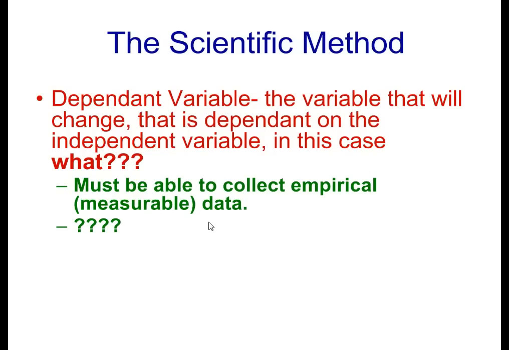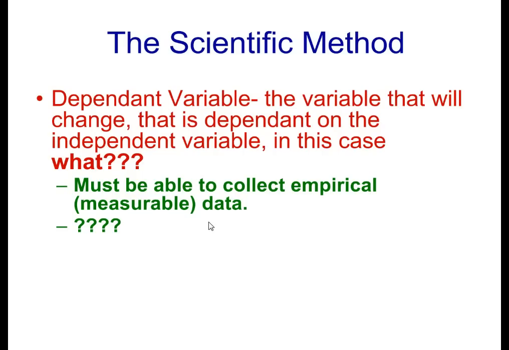So the riper the banana, the less force. You can't take your finger, squeeze the banana and say, yep, that one's softer than this one, I'll give that a 5. You have to measure something.